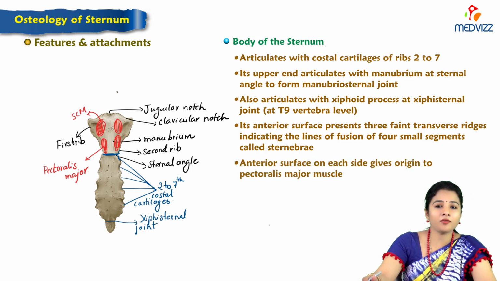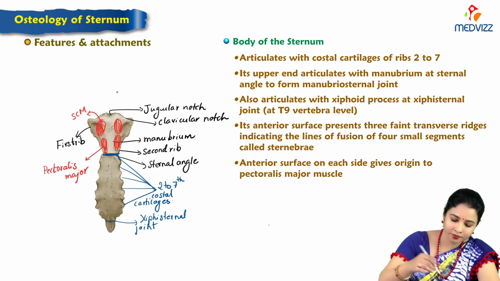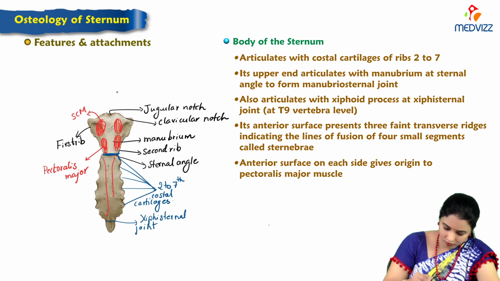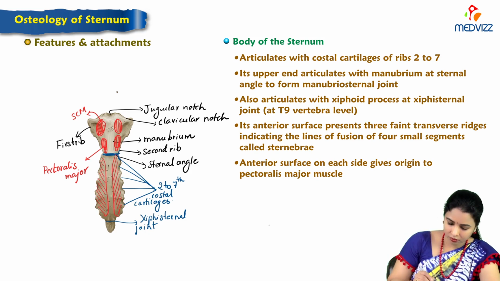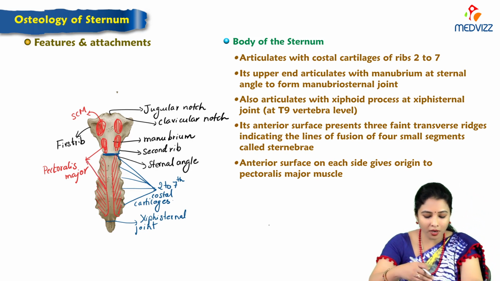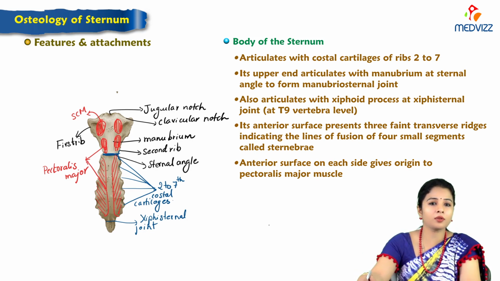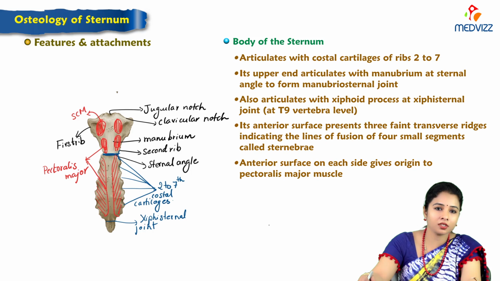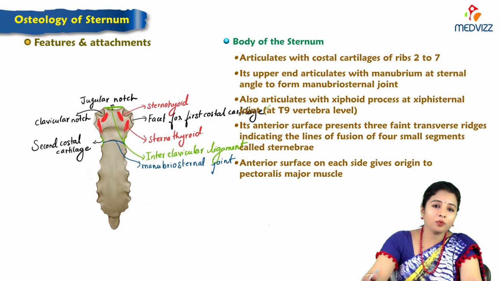The anterior surface on each side provides origin to the pectoralis major muscle. So pectoralis major muscle partly gets origin from the manubrium and also from half of the body of the sternum. Now let's talk about the posterior surface of the body of the sternum.